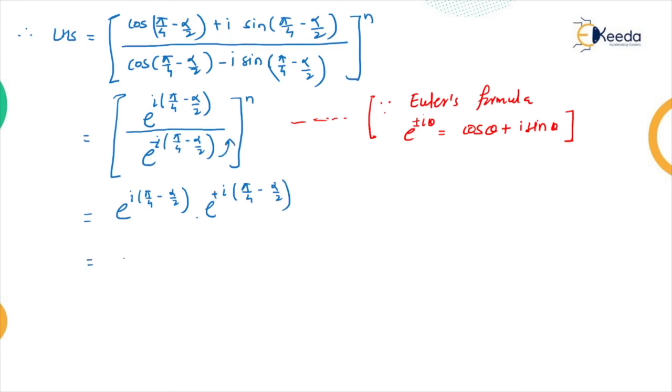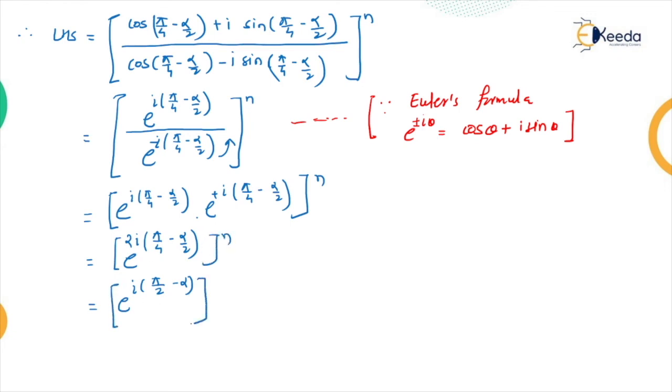So by the indices property, i is common and we add the two angles, giving 2i times (pi/4 minus alpha/2). Multiplying the 2 in, we get e to the power i times (pi/2 minus alpha), and the total bracket power is n.